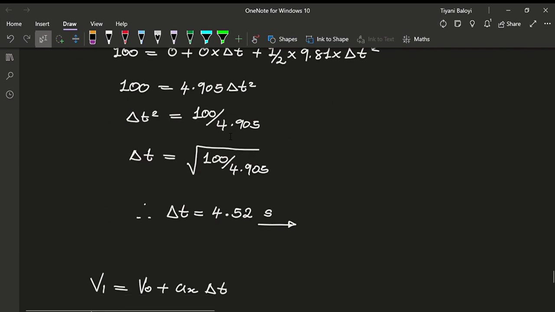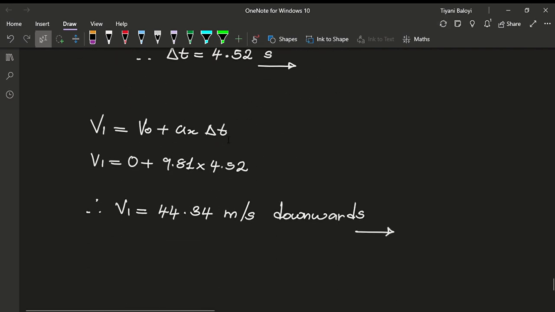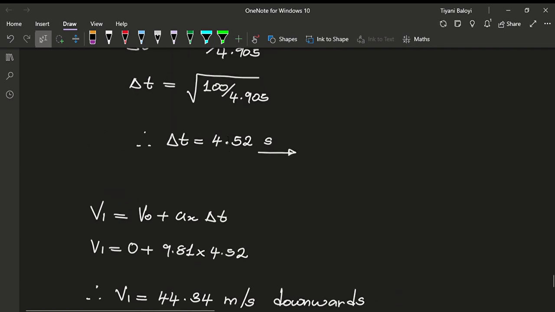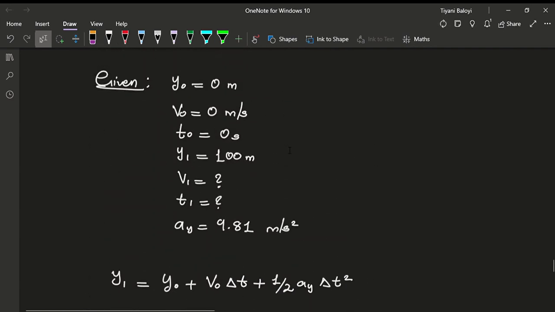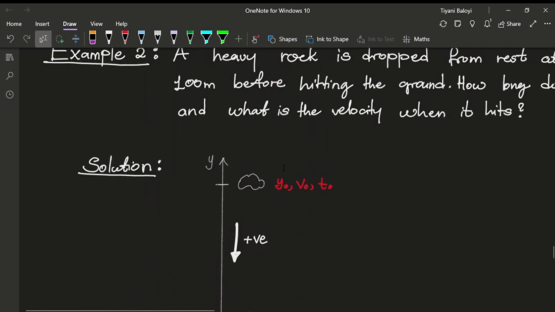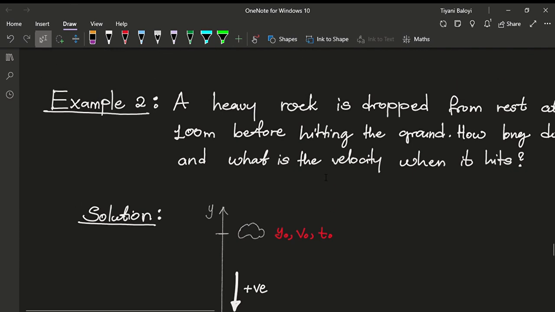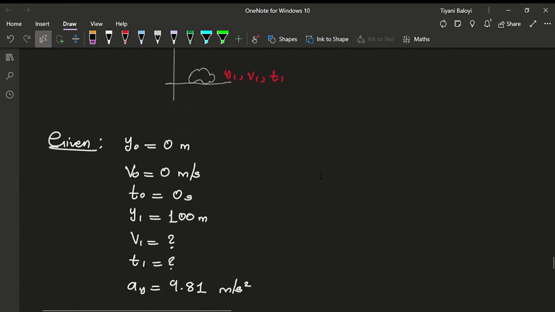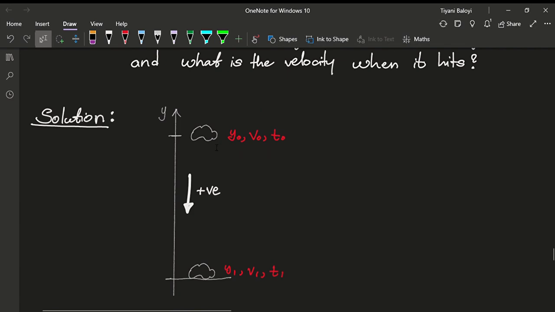So let's get a recap on what we did. With our question, they gave us 100 meters. It was a rock that was dropped from rest. So we know that the distance from that side to here was 100 meters.